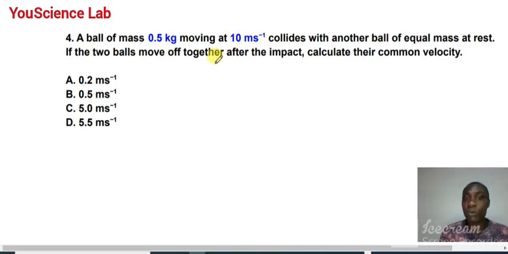So since they move on together after impact, it means that the kind of collision is inelastic collision. So we use the principle of conservation of momentum for inelastic collision.